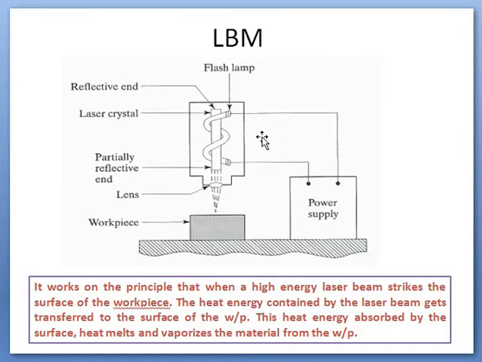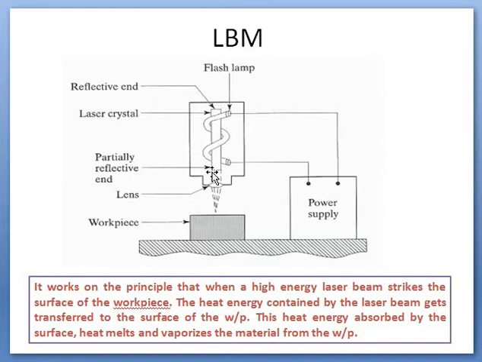If you observe this diagram of the laser beam machining process, here we have a power supply, then there is an enclosure having a flash lamp, and power is supplied across this flash lamp. This flash lamp is wrapped around the laser crystal, which produces the laser light.